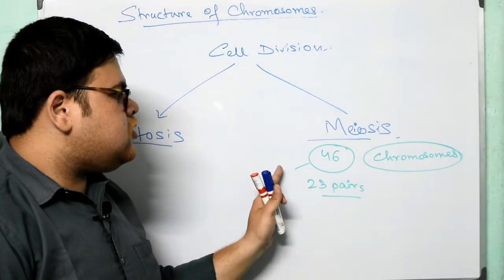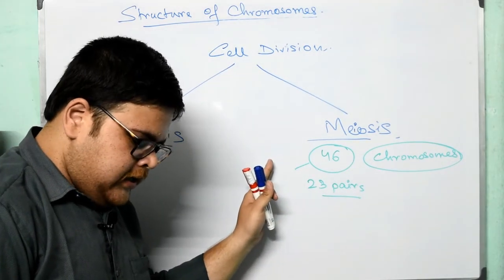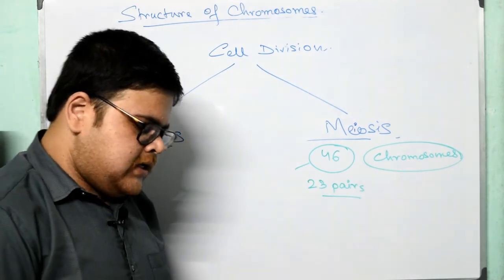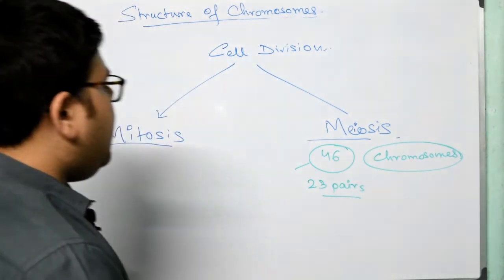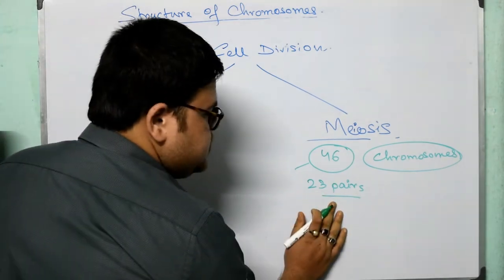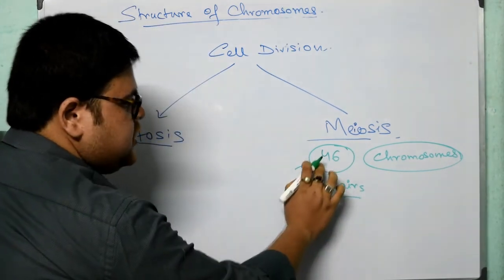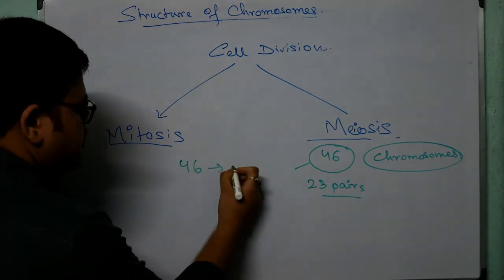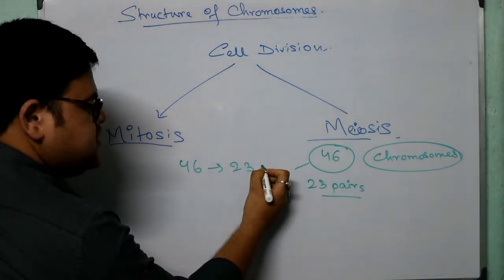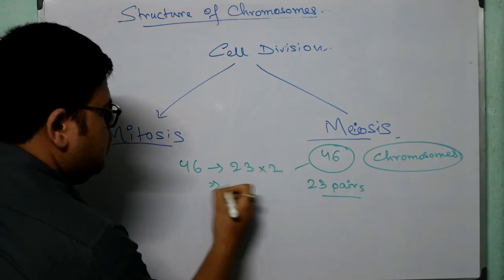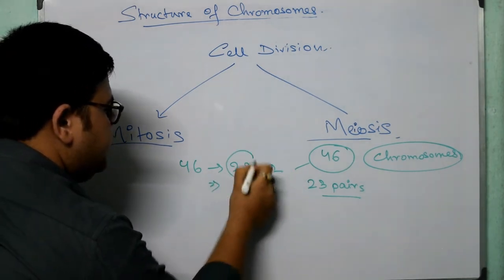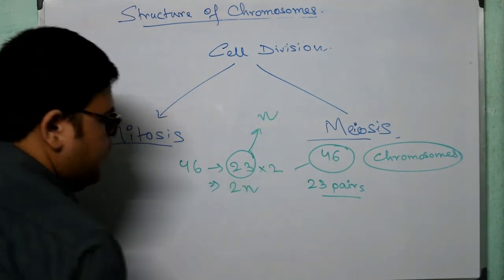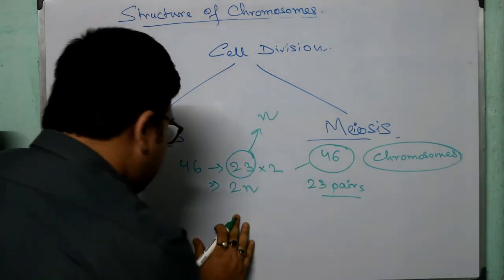In meiosis, you will find it on page number 11, point number 4, for reproduction. It is given here, 23 pairs, that is 46. Now we can write 46 as 23 pairs, that is 23 into 2. If we take 23 as n, we can write it as 2n.